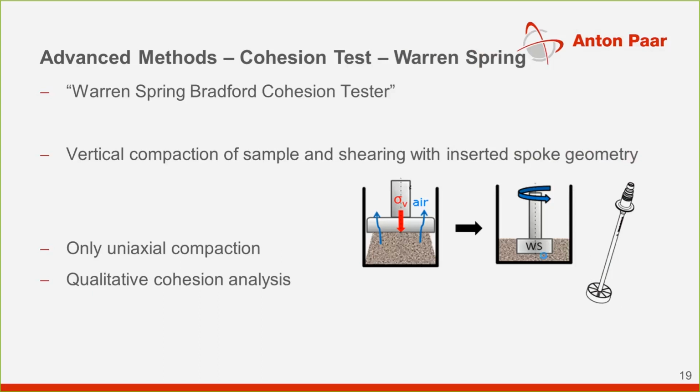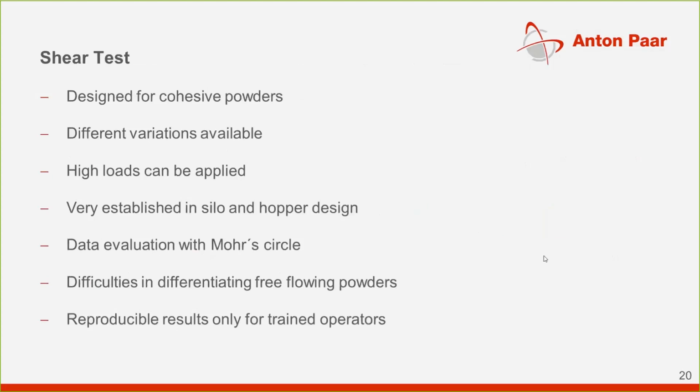The shear tester is probably one of the best known methods, which is designed for cohesive powders. What is done here is that the powder is basically sheared, hence the name.